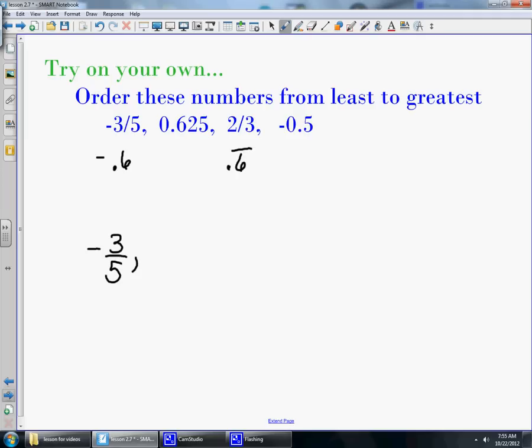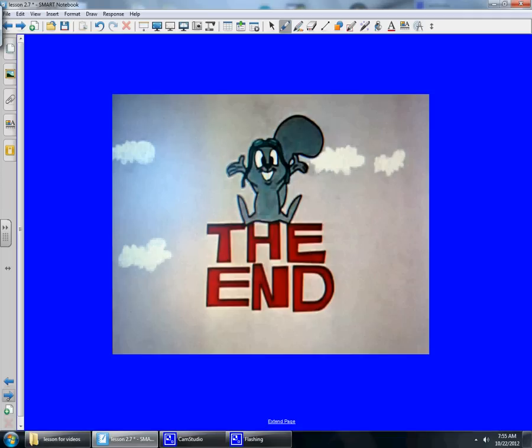The next one is going to be our decimal, negative 1/2. Now, because 6 repeating is 6 going on forever and ever, when we compare these, this number here is smaller than this number here. So 0.625 is going to be the third number, and the last number is going to be 2/3. Those are the numbers in order from least to greatest.